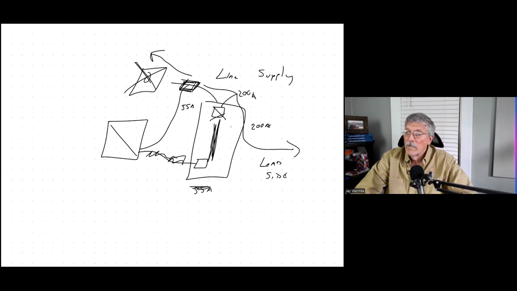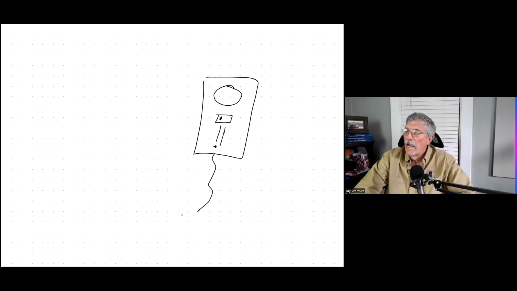Now, one other alternative, which is happening more and more, is that the National Electrical Code now requires a utility emergency disconnect at the meter. There's going to be a bus bar here, and usually a wire goes from the bottom of the bus bar into your service panel and connects to your main.